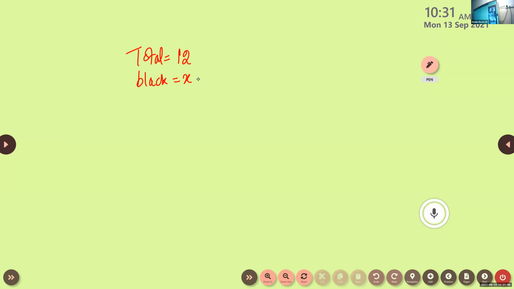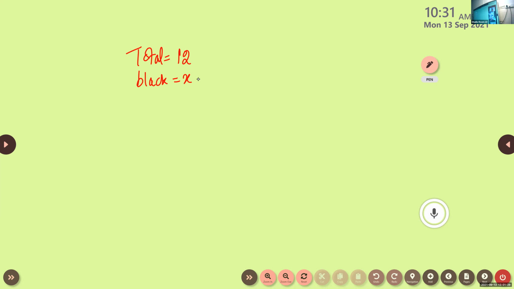If one ball is drawn at random from the box, what is the probability it will be black?